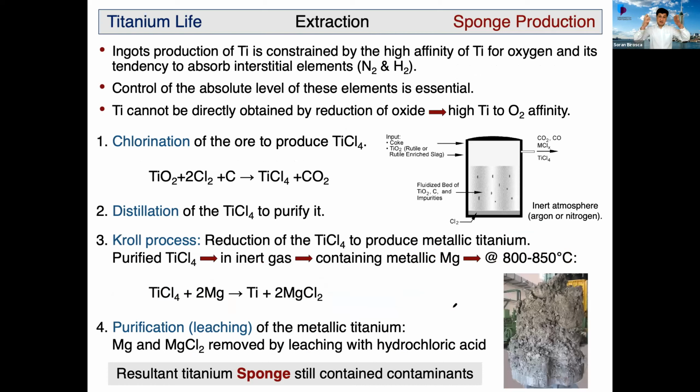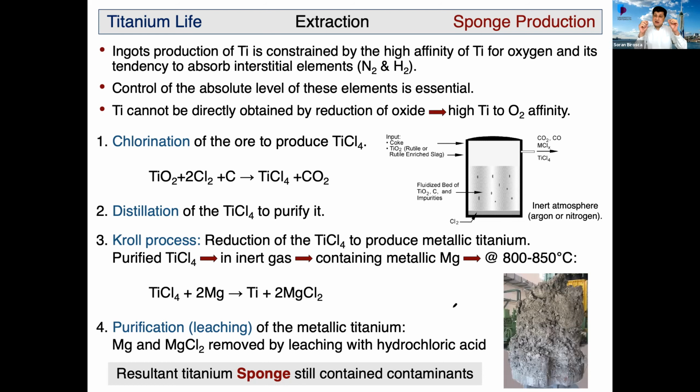Let's start with the extraction. This is the labor stage for a human being. We call it sponge production, which is very well known in the titanium industry. As I said, titanium has a very high affinity for oxygen, so it reacts with oxygen, going back to its natural state and making this type of oxide, but it also has a huge tendency to absorb interstitial elements like nitrogen and hydrogen.